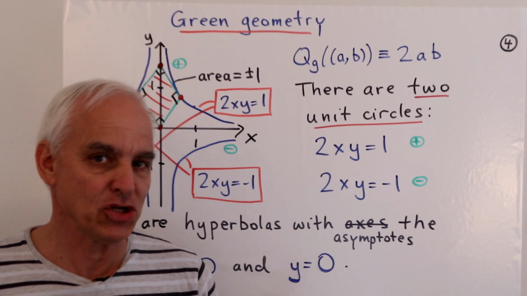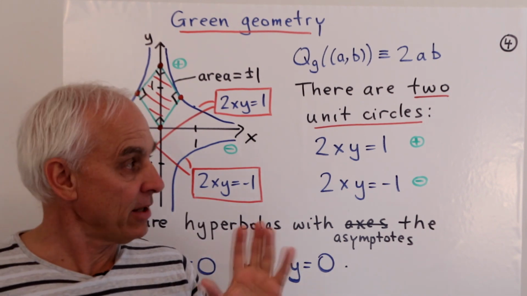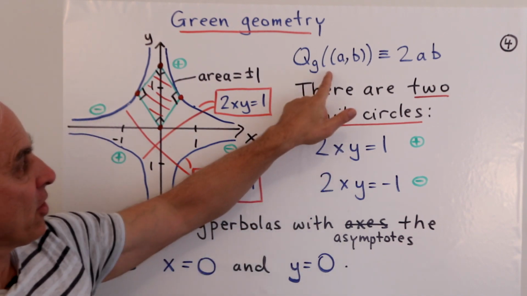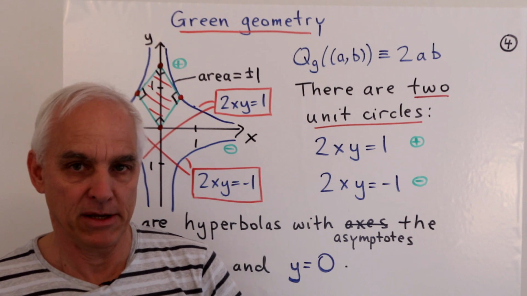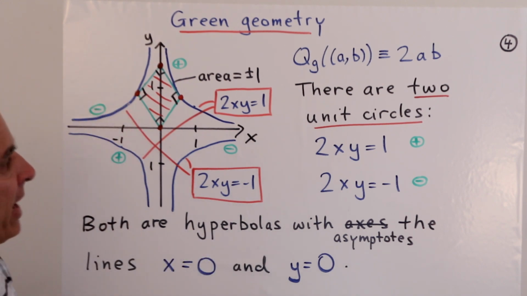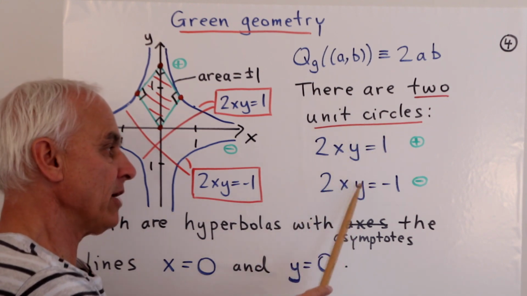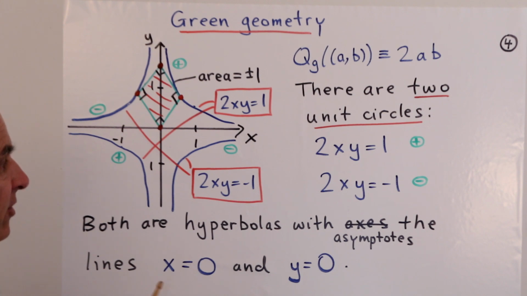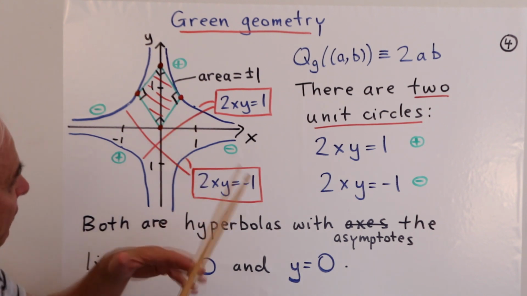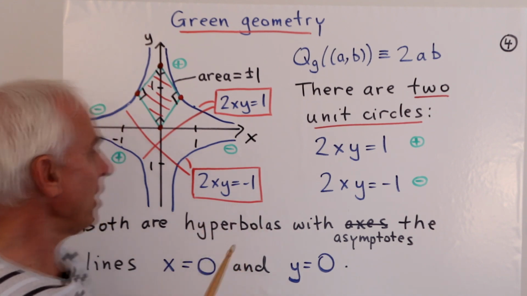Okay, so let's go to the green geometry, which is a lot like the red geometry, but with a little bit of a twist. Now the quadrance of a vector (a, b) is the number 2ab. Then there are two unit circles, 2xy equals 1 and 2xy equals minus 1. They're both hyperbolas, as in the red situation, but they're rotated a little bit from the red situation and also expanded a little bit.